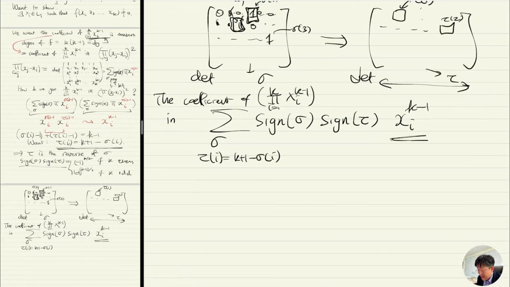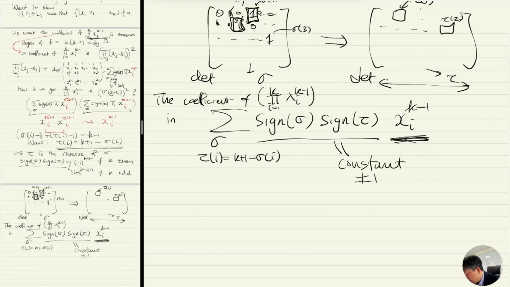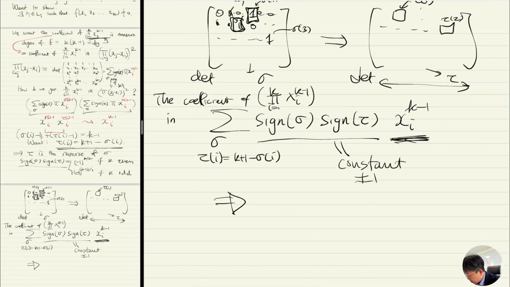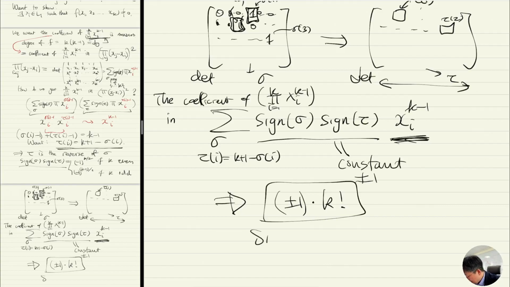This is what we want, and this is a constant, either plus or minus 1. So what we get is plus or minus 1 times the number of such permutations, which is k factorial. That's the coefficient, and since k is less than p, this is non-zero modulo p.